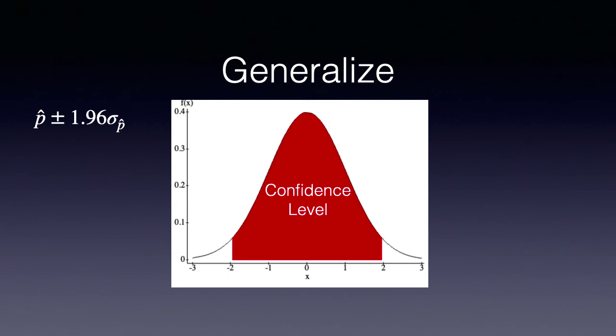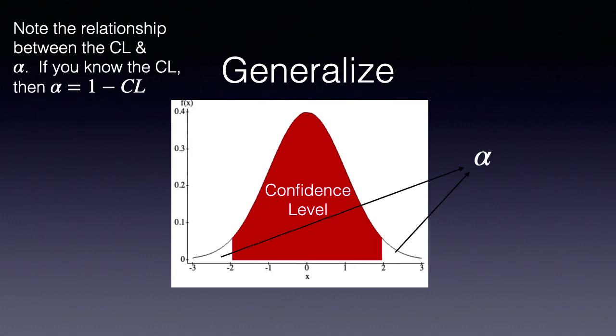Another piece of notation that you also learned about back in section 7.2, subsection 2, is this alpha area. Alpha area always refers to either upper-tailed area, lower-tailed area, or two-tailed area.